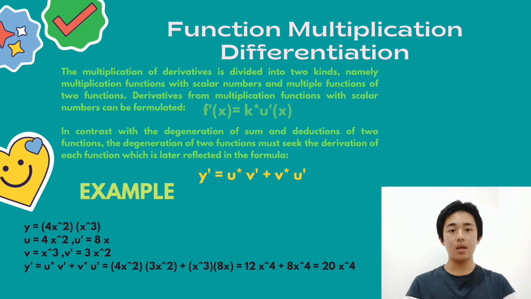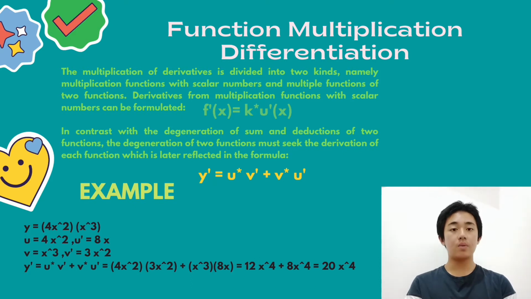So it's only 8x. 8x is the derivative of u. And next, v. v is like the h(x), or the other numbers with variables. That means v is x cubed. So we need to find the derivative of v, or v prime. It is 3x squared, because as I said before, with the formula we bring down the cube and multiply it with x.